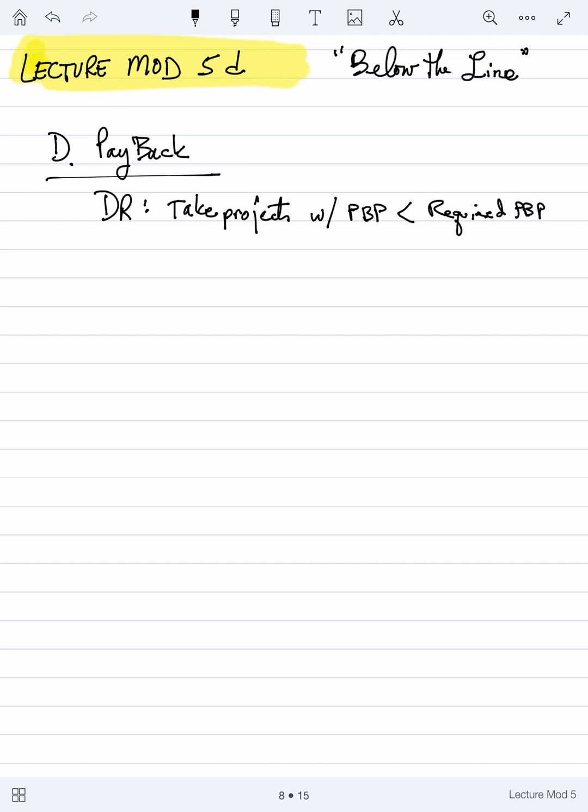And of course, the analogous otherwise rule to complete the logic would be to reject projects that have payback periods that exceed the required payback period. And what happens here is the manager decides what would be the required payback period.